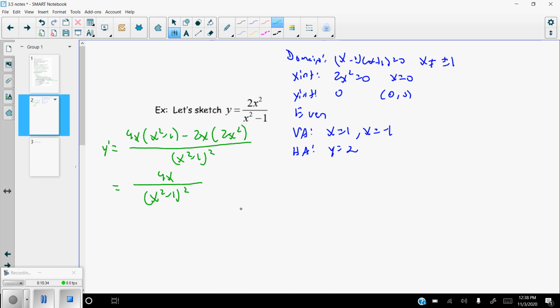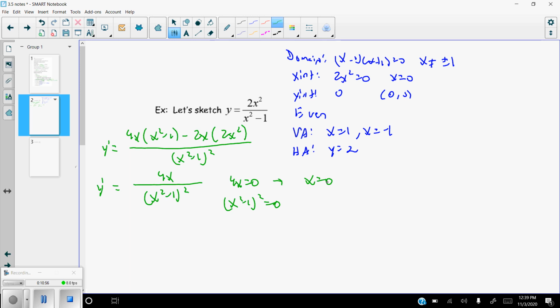Okay, critical values are going to be when the derivative is either 0 or undefined. So either 4x is going to equal 0 to make it 0, or x squared minus 1 squared is going to equal 0 to make it undefined. Well, from the first piece, x equals 0. That's pretty easy.